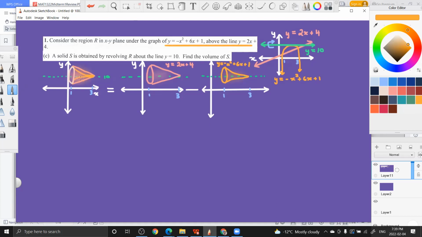And so the question says we need to revolve the area R, and R is basically the area here. So that is the area R. And we have to revolve it around the line y is equal to 10. So this is the line y equal to 10. And when we rotate around it, you will get something like this. Don't you agree?